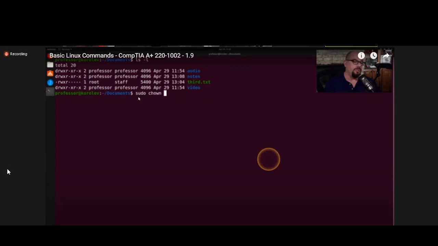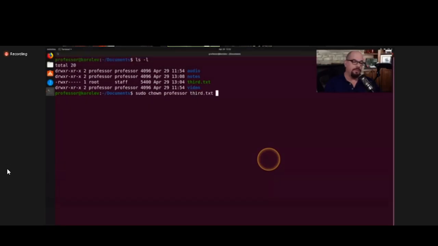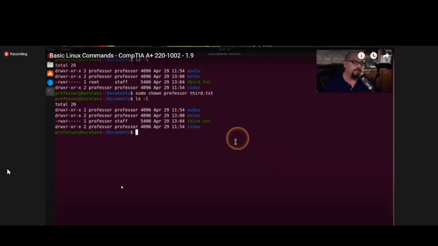So now you can use the command sudo. I'm going to change the ownership, chown, to professor, and then the file name is third.txt. Now if I look at the file, you can see that the username associated with the ownership of this file is now set to professor.